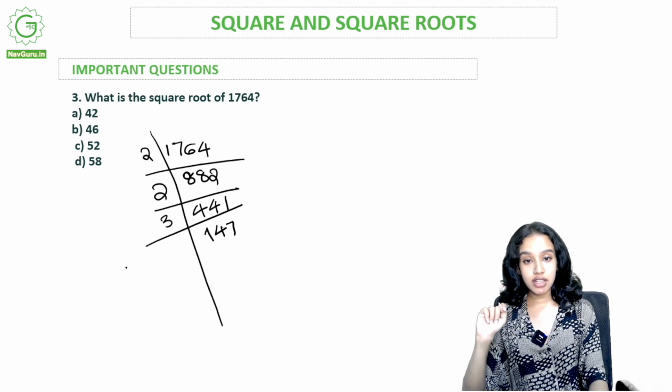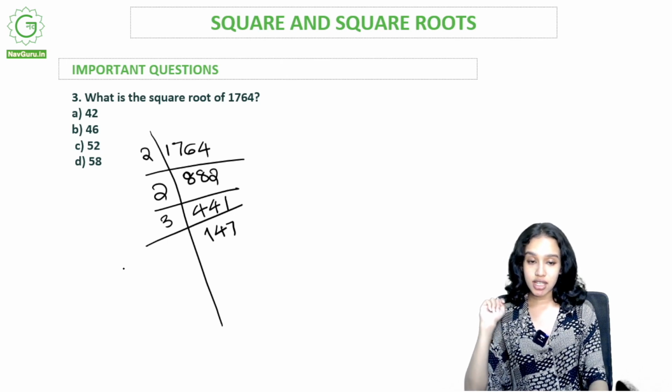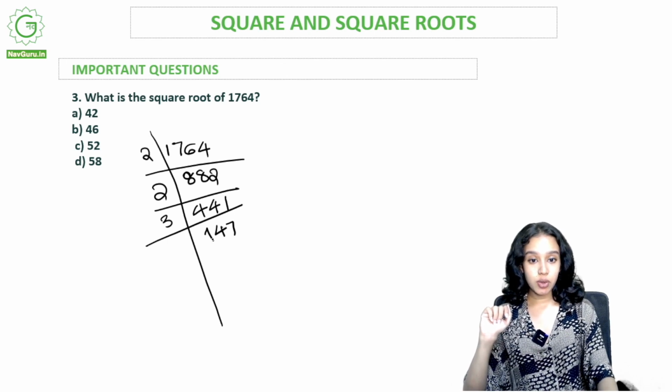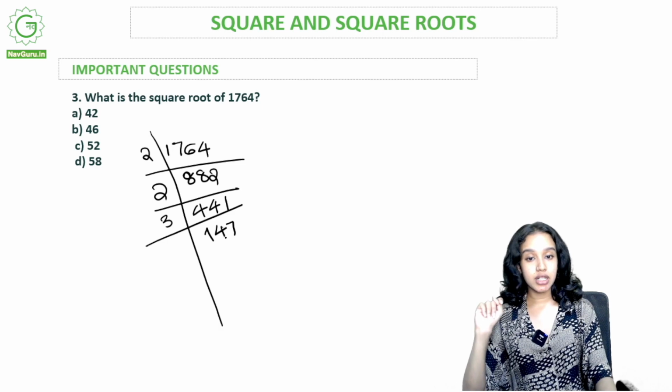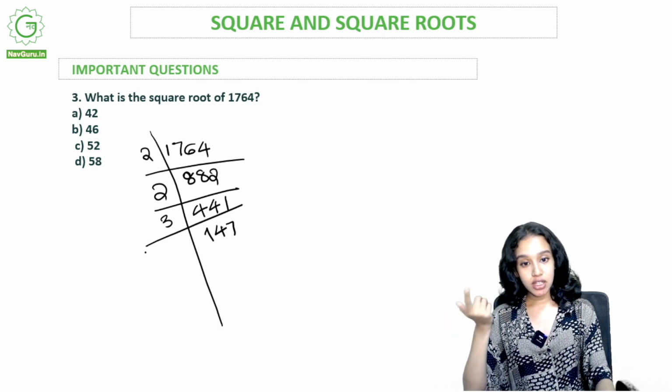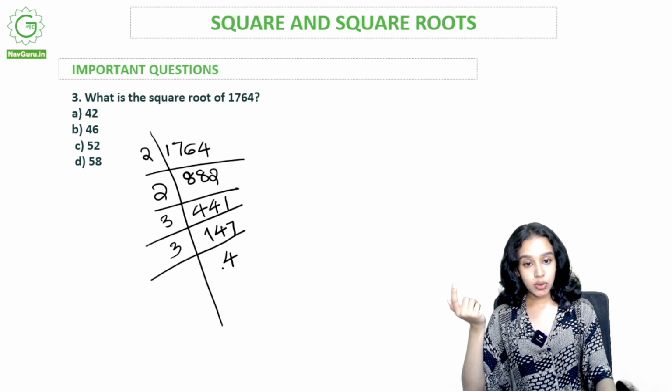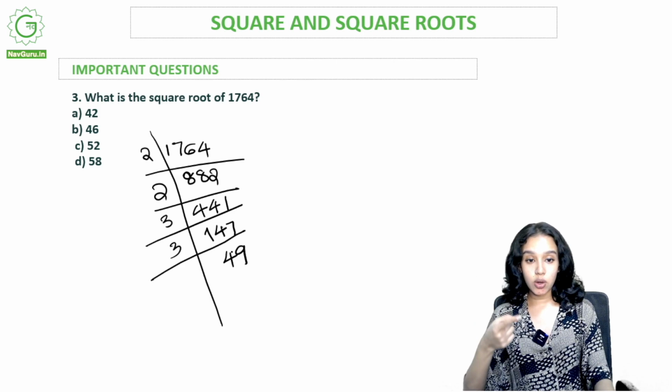Now, 147. Is it divisible by 2? It's not. Is it divisible by 3? Let's check. 7 plus 1 is 8 and 8 plus 4 is 12. So 12 is divisible by 3. So let's again divide it by 3. 4 threes are 12, 27, 9 threes are 27. Now, which number divides 49? We know that it's 7.